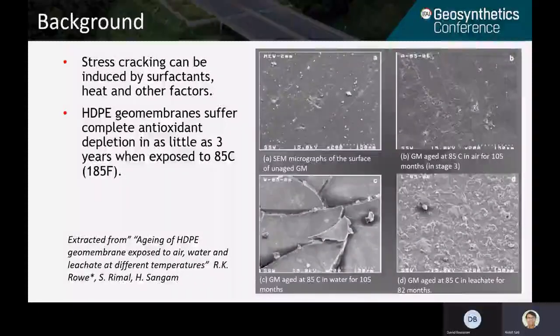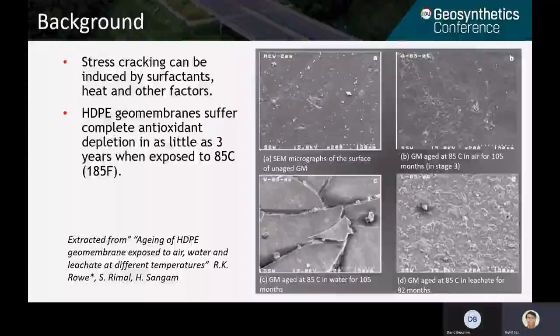This study is presented by Kerry Rowe and his group on aging of HDPE geomembranes exposed to air, water, and leachate at different temperatures. Notably, if you look at the pictures at the bottom, you can see the geomembrane has been completely degraded in 85 degrees Celsius water after about 105 months.